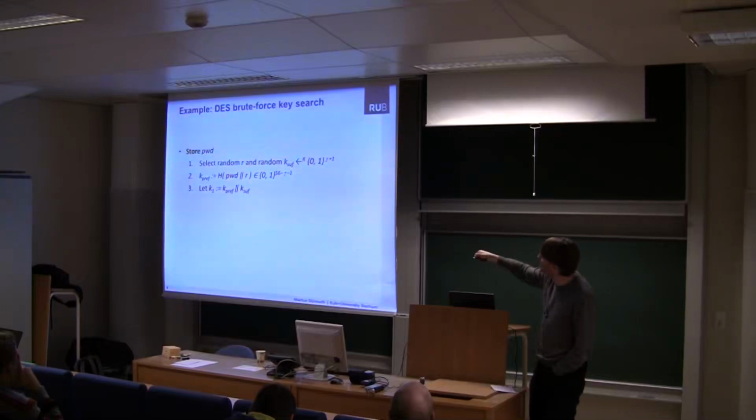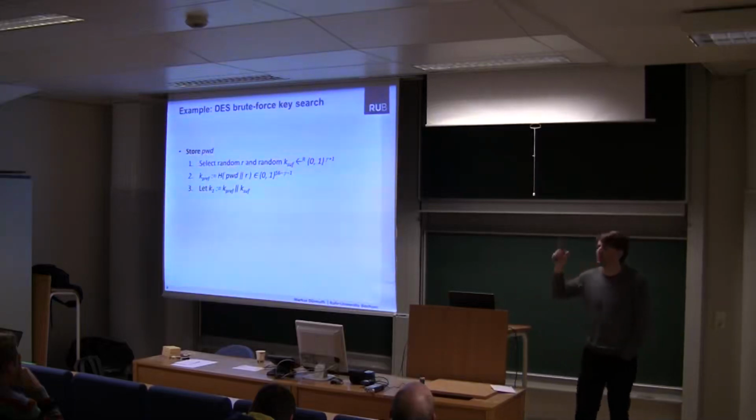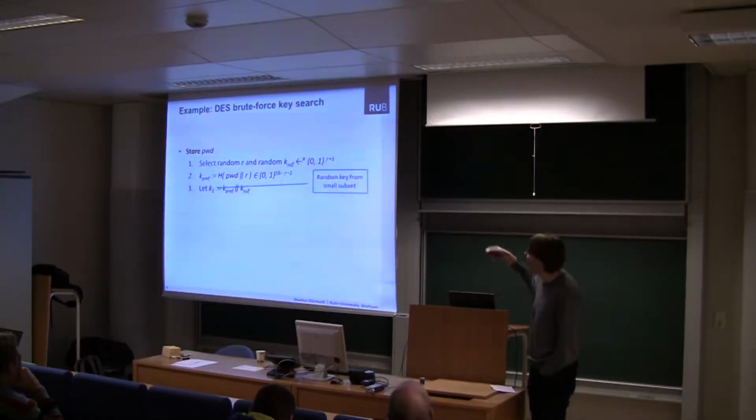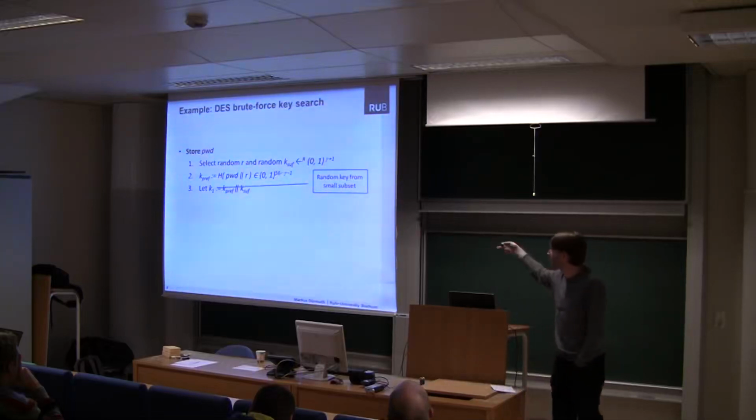So this is basically a random value based on the password, and we're salting it in a way by using that R here. This gives the second half of the key. So then key K1 is the prefix computed here and the suffix chosen here. So this is more or less a random DES key. Yeah, and it's a random DES key from a subset which is indicated by that prefix, which is computed from the password and R.